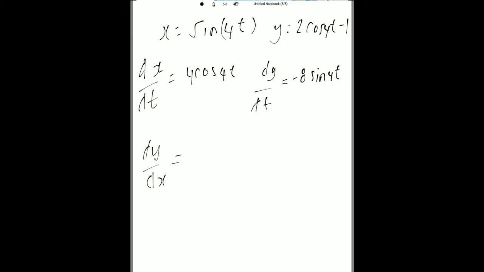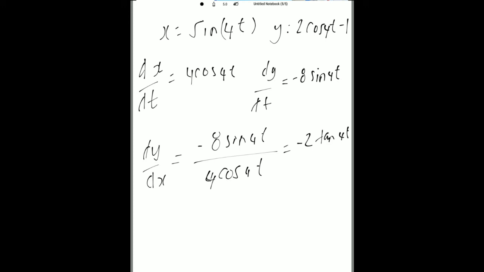That renders negative 8 sine 4t all over 4 cos 4t, which leaves us with negative 2 times sine 4t over cos 4t. That is tan 4t, so that is negative 2 tan 4t. That's the function that gives us dy by dx.